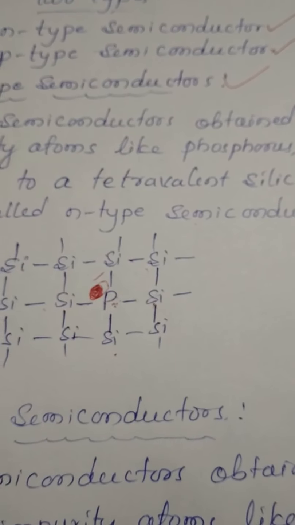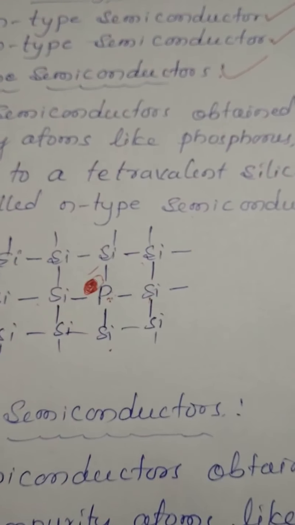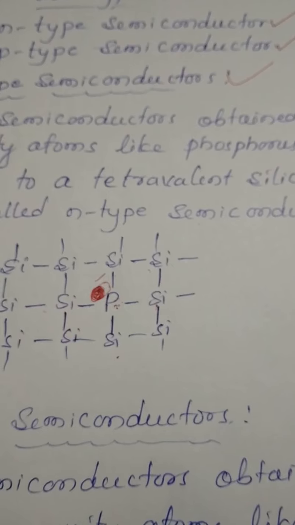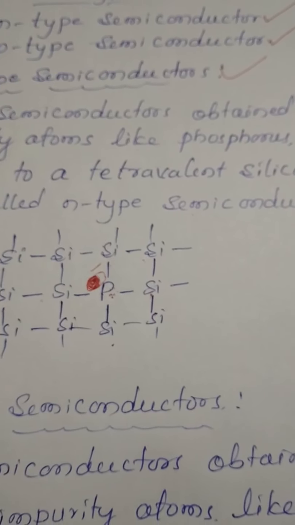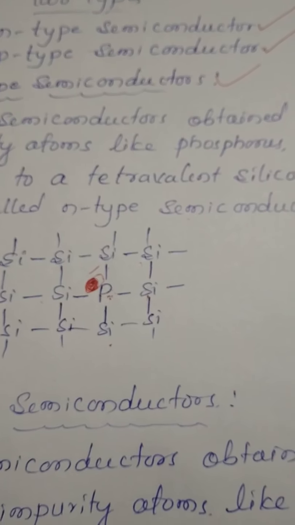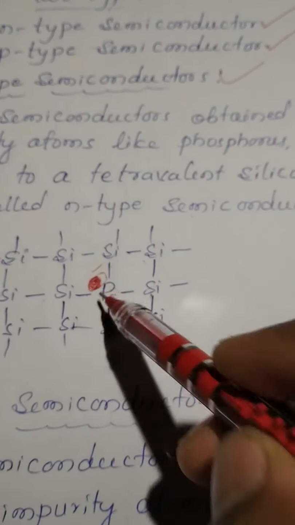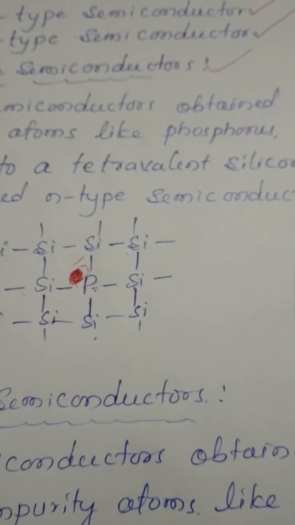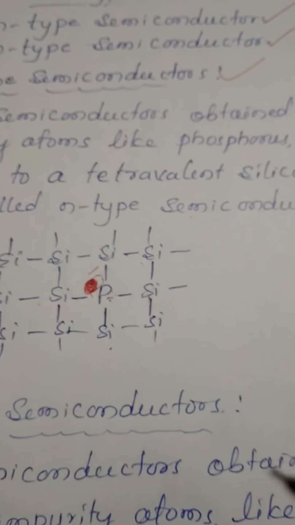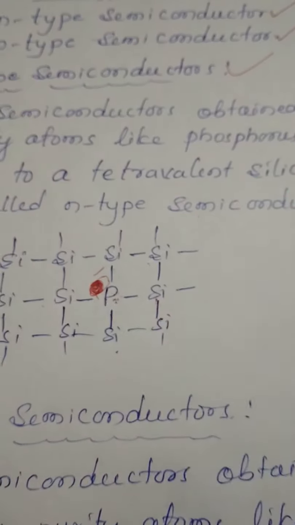The 5th electron of phosphorus is extra and becomes delocalized, which conducts electricity. So in n-type semiconductors, the charge carriers are electrons. In n-type semiconductor, conductivity increases due to negatively charged electrons.